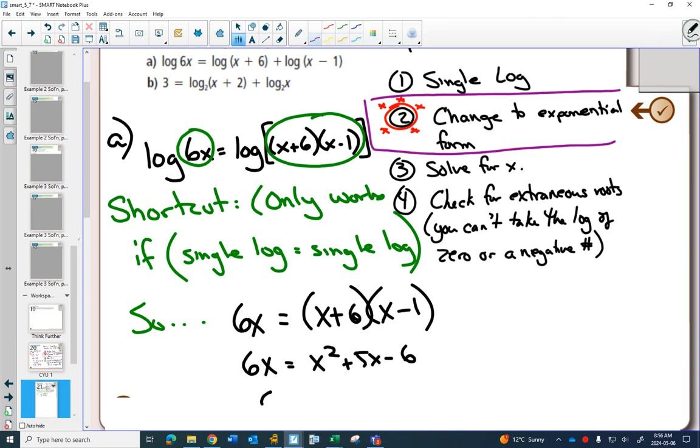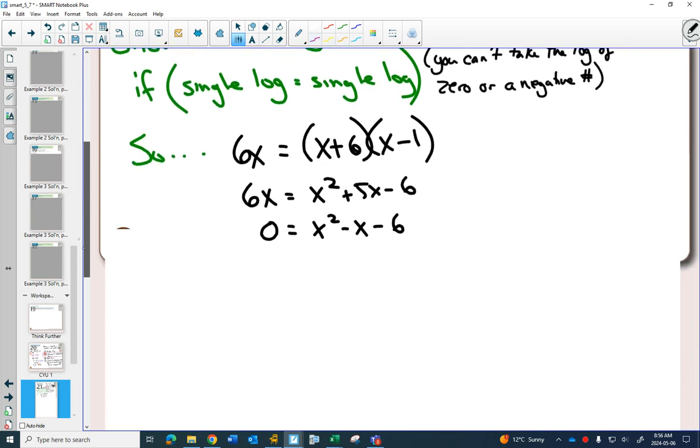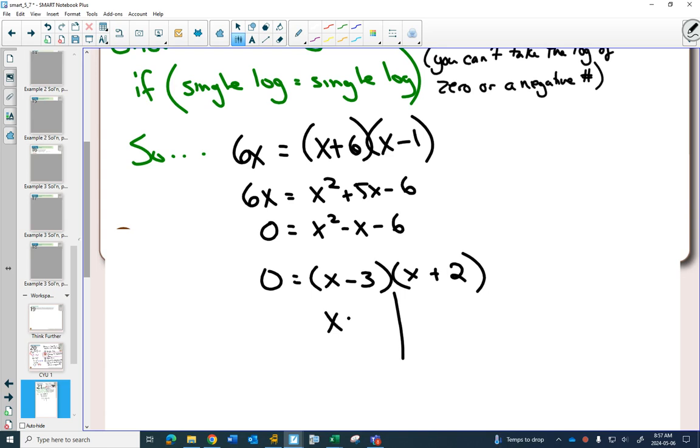And then it's a quadratic equation, which we have to make one side equal to 0, and factor or use your quadratic formula. In this case, it does factor nicely. And we get two answers.